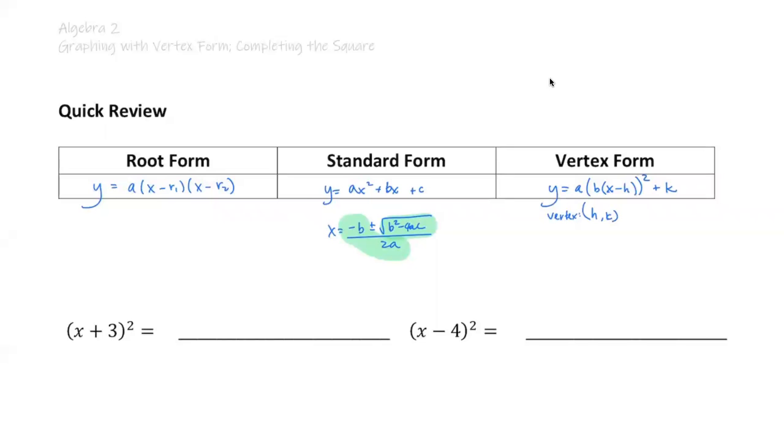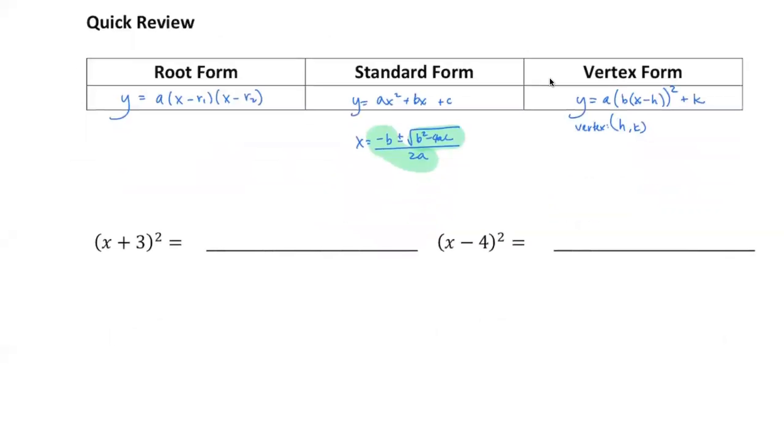And then two other review questions. We have (x plus 3) squared. Now, I'm going to let you do it first. Take a moment. Go ahead, do it.